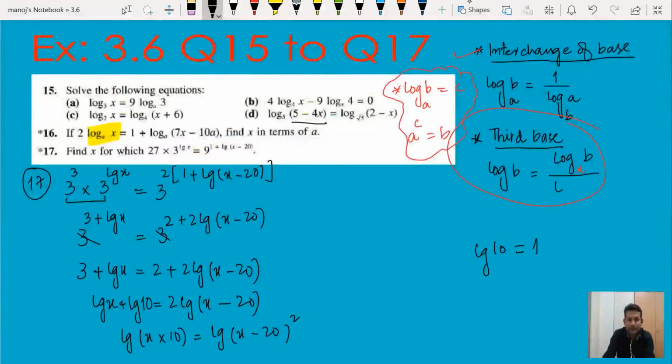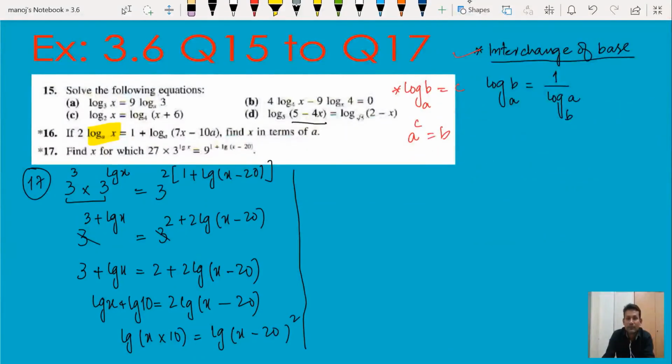Okay, let's see what's the next part. Here we are not canceling, we are comparing the powers. 10 times x is 10x, and on the right we have to write a square minus 2ab, by this formula 2 times 20 is 40x, and this will become 400.